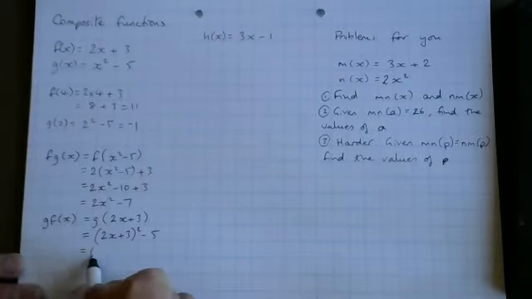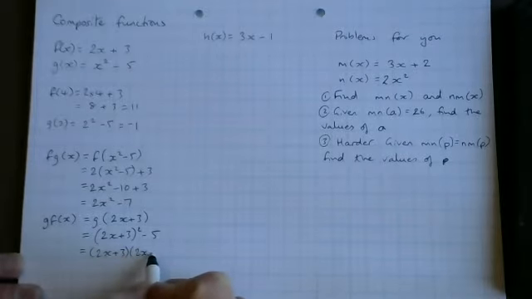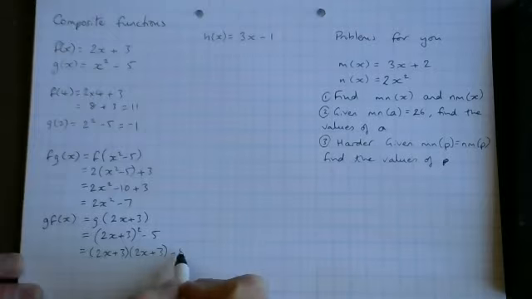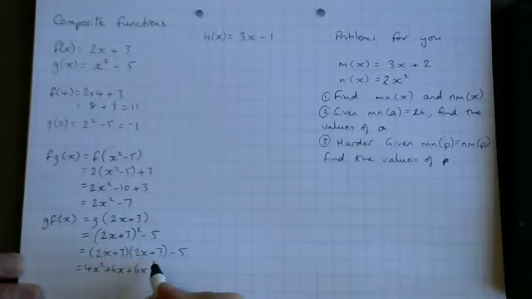So I better do the same as I tell other people to do. 2x plus 3 times 2x plus 3, minus 5, which equals 4x squared plus 6x, plus 6x in the middle there, plus 9, take away 5, which equals 4x squared plus 12x plus 9, take away 5, plus 4.